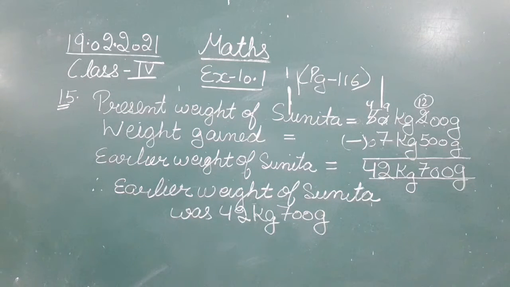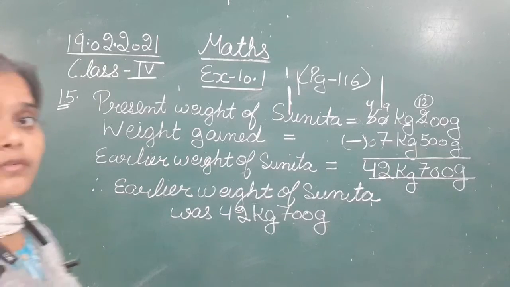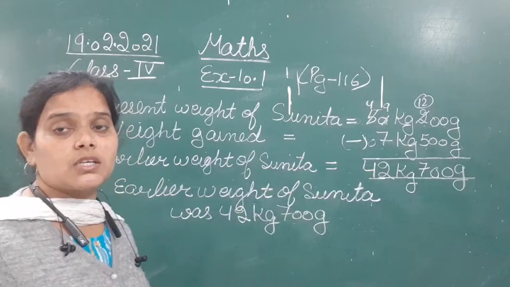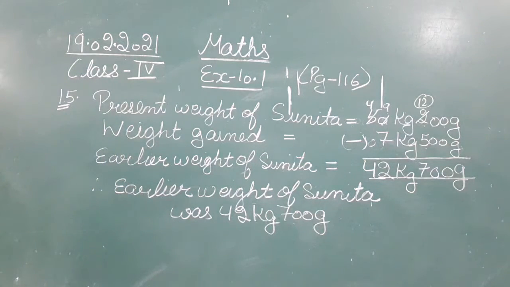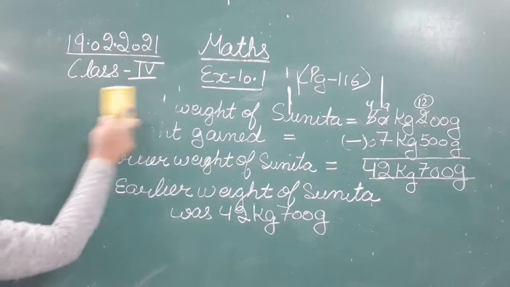So this was the earlier weight of Sunita. Okay, now let's move. So this is the solution of question number 15. You can pause it here and note it down in your notebooks as well. Now we have completed the 15th question from exercise 10.1. Let's move to the 16th question.